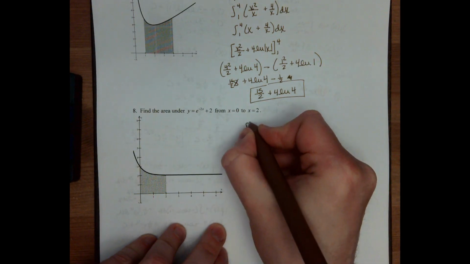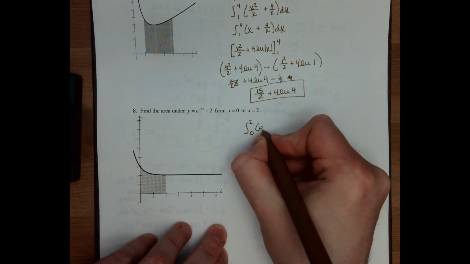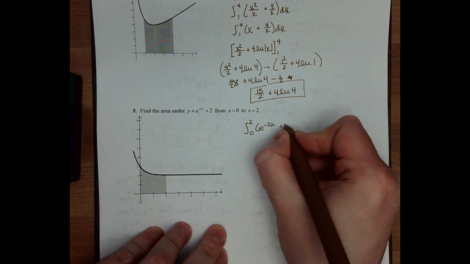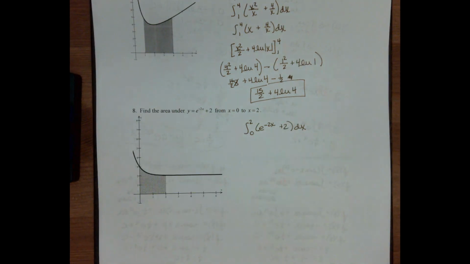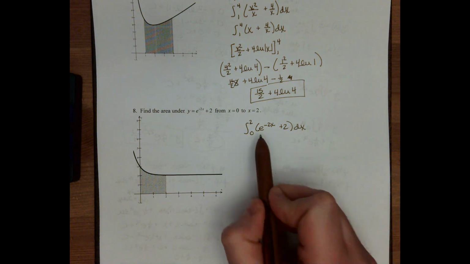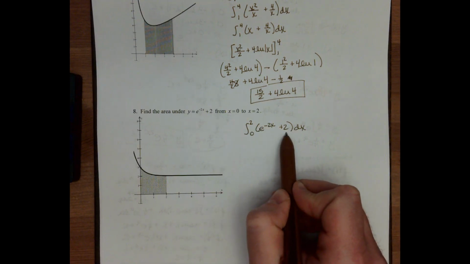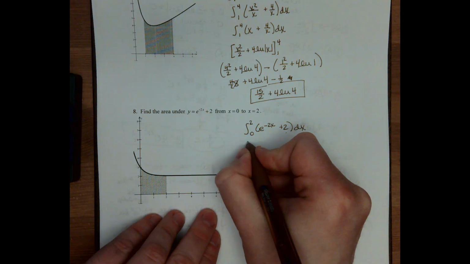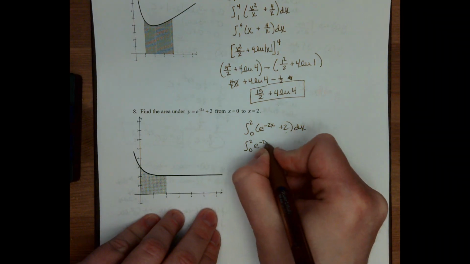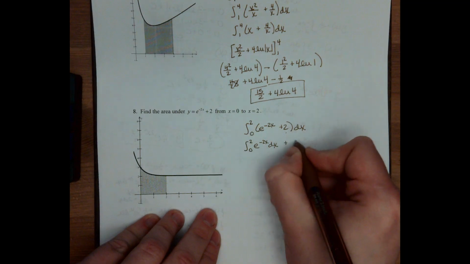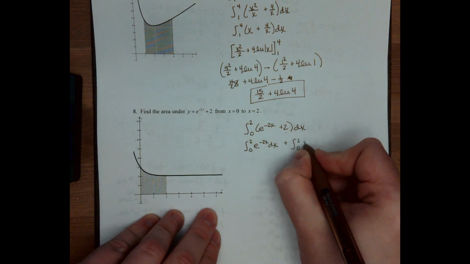Integral from 0 to 2 of e to the negative 2x plus 2 dx. Now, u substitution, no u substitution, which means we need to make two separate definite integrals. We're going to go from 0 to 2, e to the negative 2x dx, and 0 to 2, just the constant 2, dx.